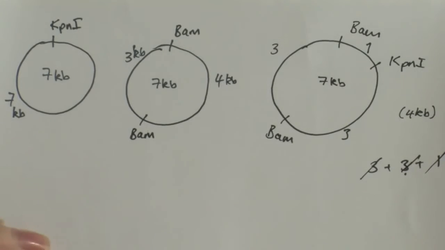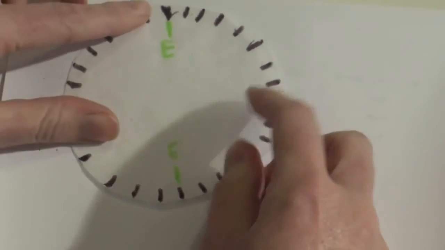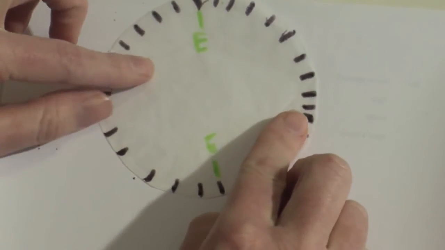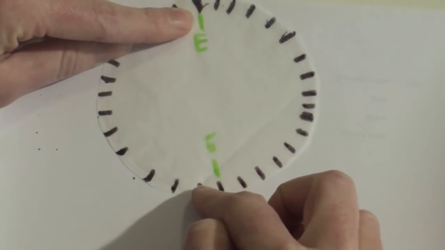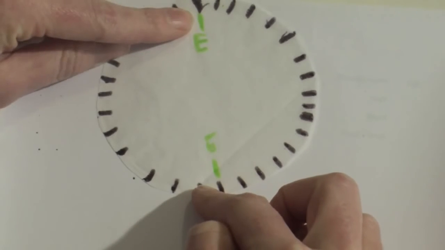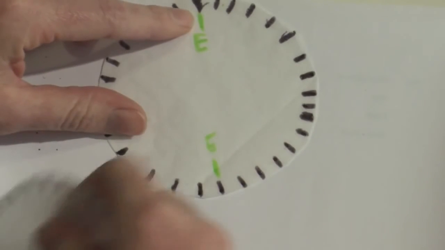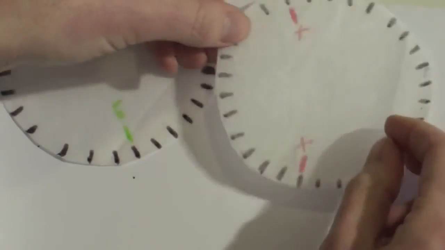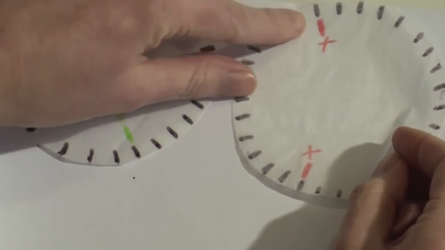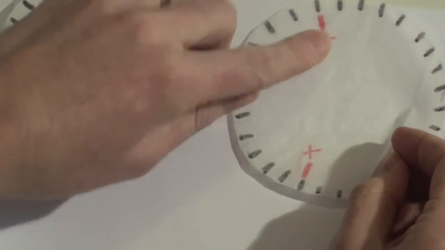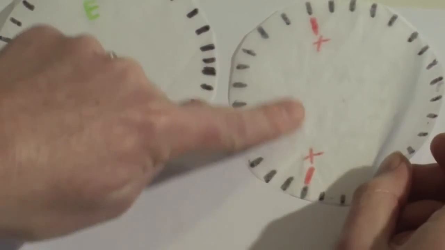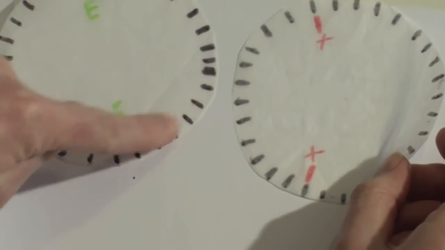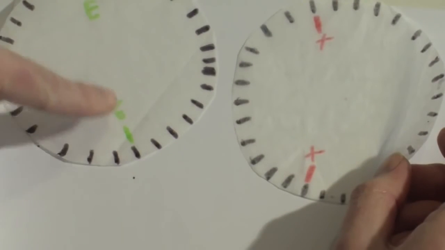Another way to think of it, and this sometimes helps, is if I was to imagine my plasmids like this. Imagine this is a circular plasmid and it has two restriction sites here for EcoRI. And here's the same plasmid, and I've shown on this plasmid the restriction sites for another enzyme, XhoI. So this is how the plasmid gets cut with XhoI, and this is how the plasmid gets cut with EcoRI.